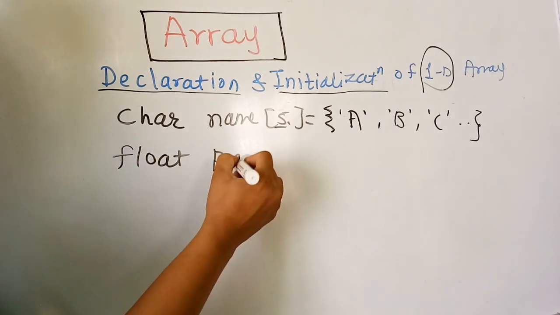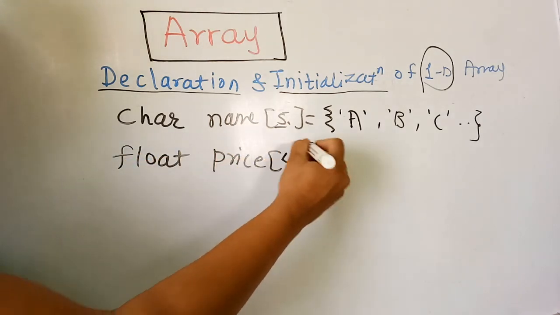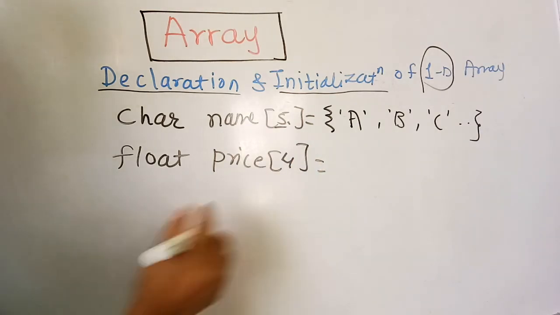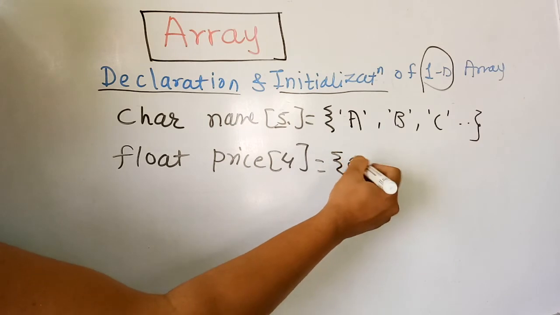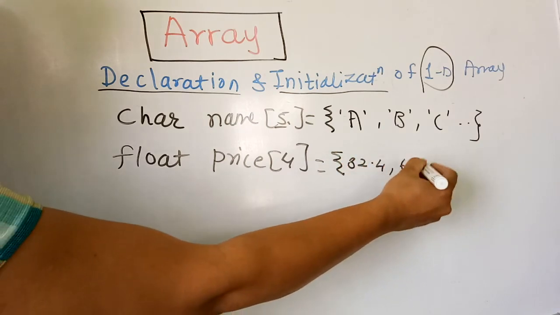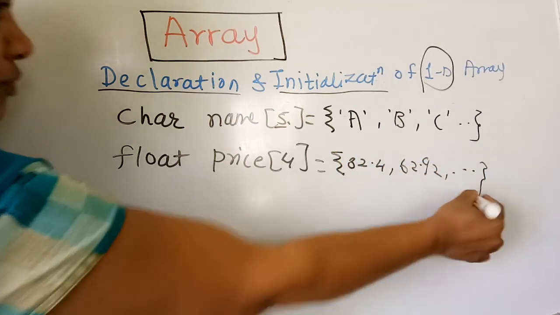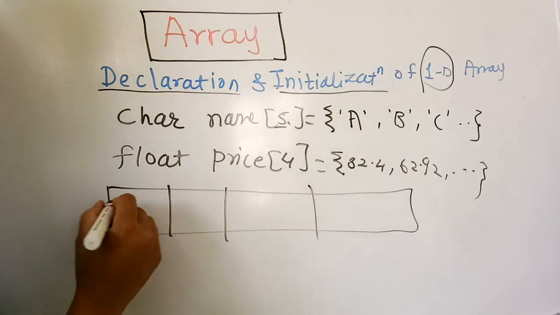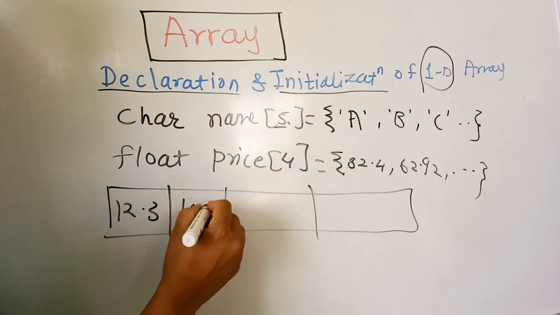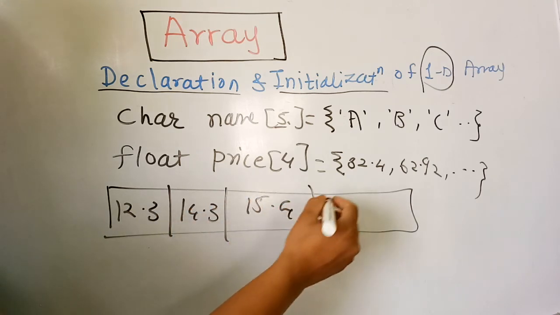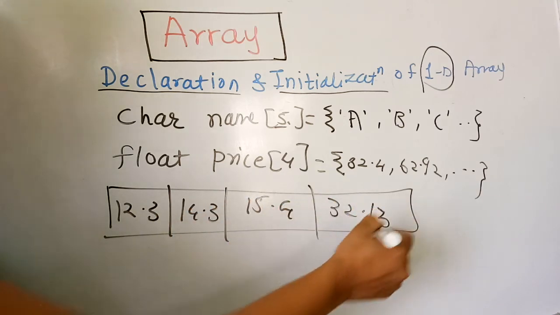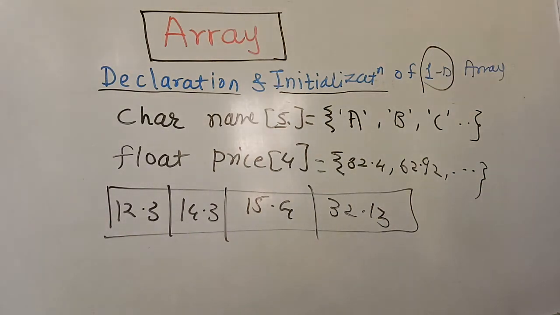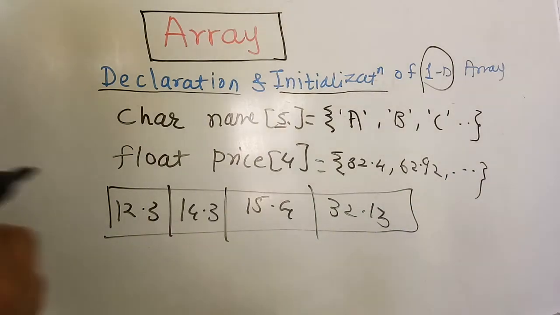For example, the prices of books, and there are, for example, 4 book prices. Then it can be written as prices, for example 32.4, 62.92, and so on. Likewise, these are represented in contiguous memory locations.